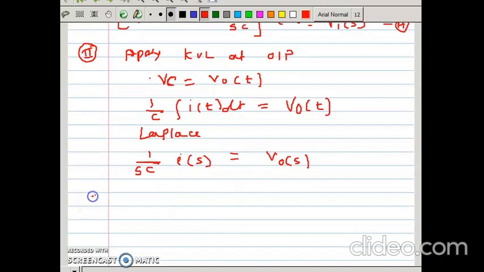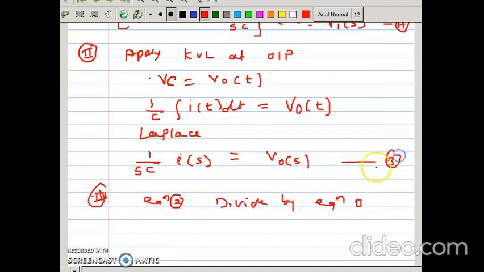The third step is common here: we take equation number 2 divided by equation number 1. This is equation number B, and the first one is A.